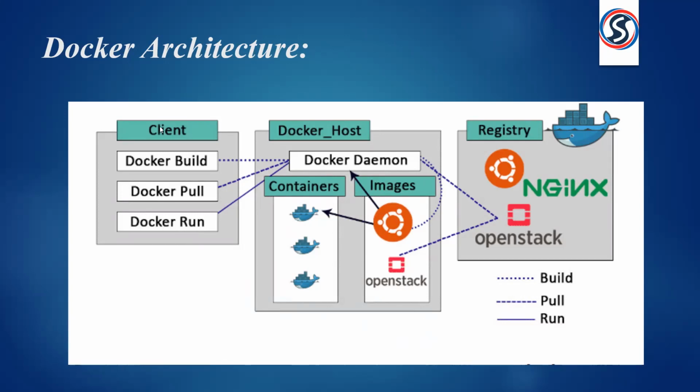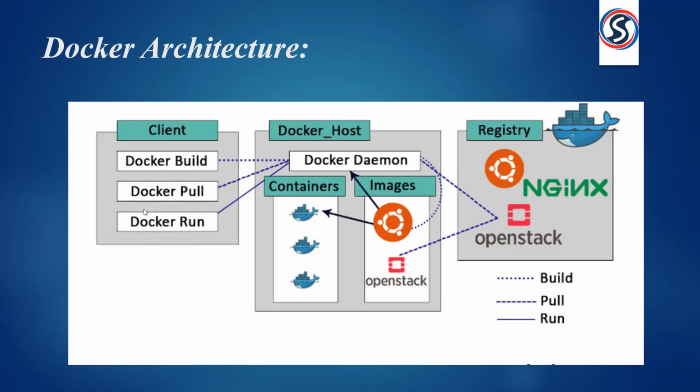Okay, so now what is the Docker client? The Docker client is the primary way, the first and foremost way, that many Docker users interact with Docker. Okay, so when you use commands such as docker run, the client sends these commands to the Docker daemon, which carries them out.